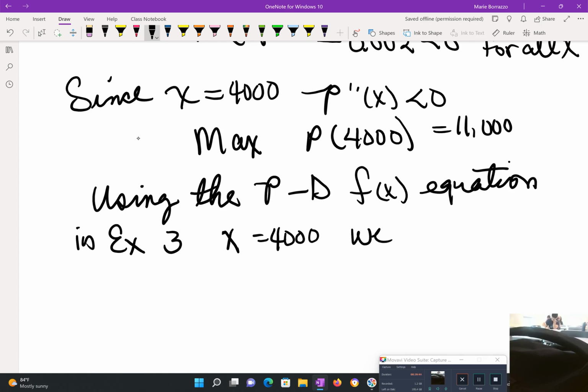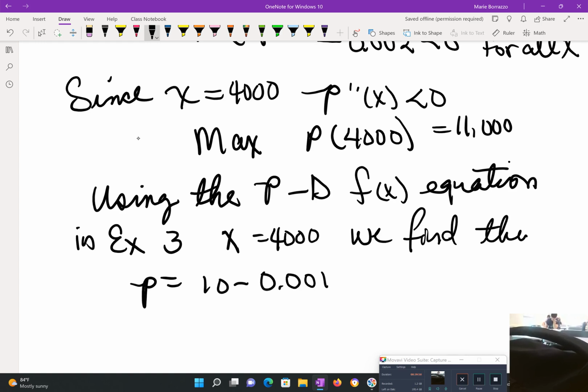We find the price of each pen is 10 minus 0.001 times 4,000, which is approximately $6.